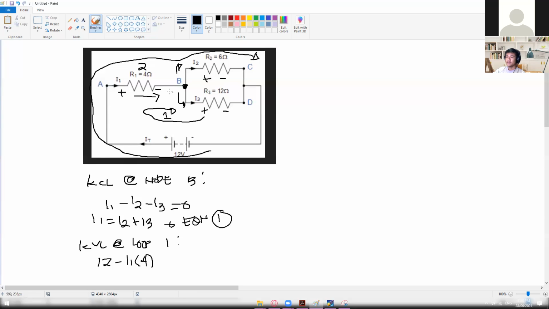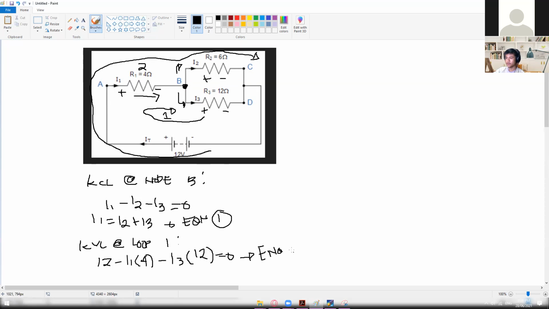And then going from here to here, we now have negative I3 times R3, which is 12 ohms. And then going back to our voltage source is now equal to 0. So that is now the KVL at loop 1. We cannot simplify this any further since there are no similar units.